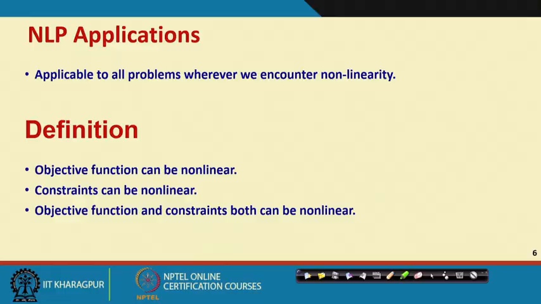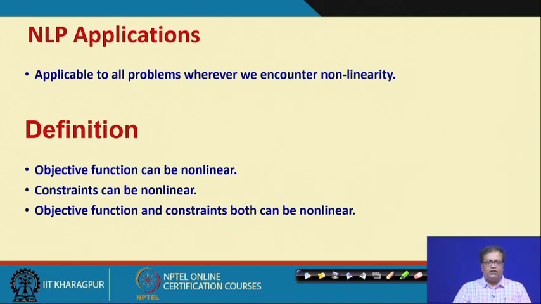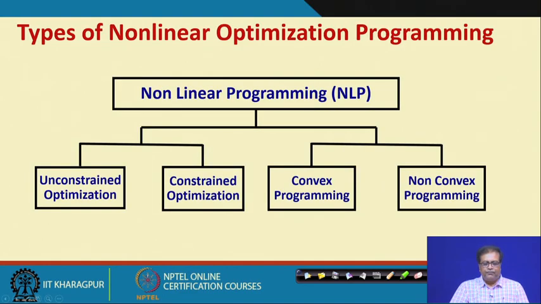For one unit the cost is something, but for more units the cost is not proportional. Then we have a nonlinear problem. So, in any situation where we have applied linear programming, we must remember that those are actually special cases. The general case can be a nonlinear programming problem. Now, the objective function can be nonlinear, the constraints can be nonlinear, or both can be nonlinear. Those are the possibilities of the NLP problem.